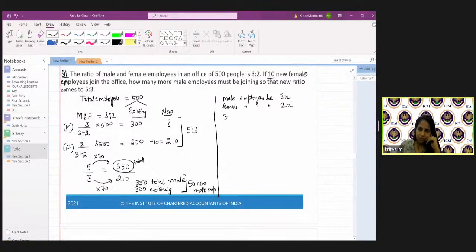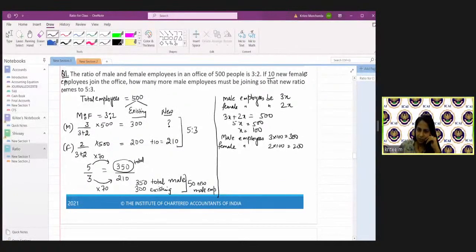So 3x plus 2x forms 500. 5x is 500 and hence x is 100. Hence, my male employees are 3 into 100, 300, and female employees are 2 into 100, 200.